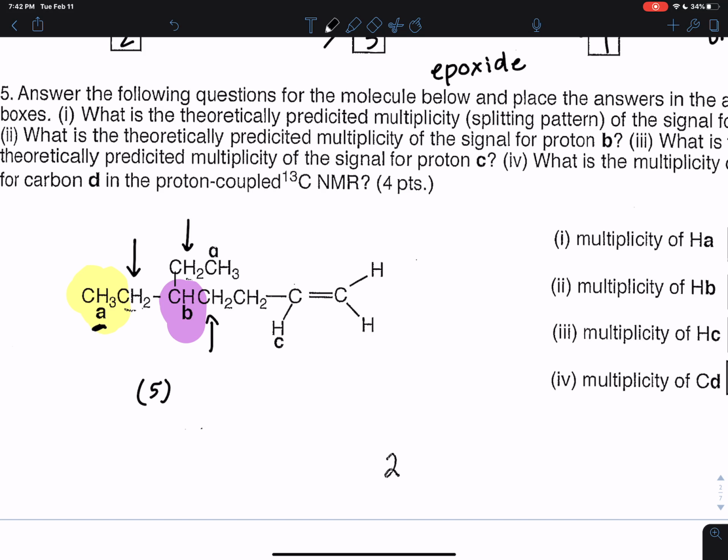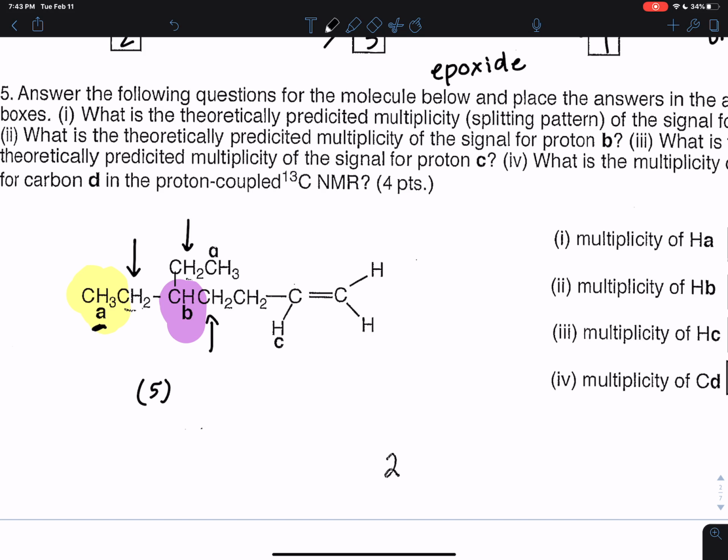What I'm saying is, you see the protons that I pointed the arrows to? Would you agree that they're the same environment? Yes, there are two ethyl groups, so they're the same environment protons, and they participate in splitting in the same manner. You group them together within the n plus 1 rule. That would be 1, 2, 3, 4, and you do 4 plus 1, and that gives you the 5.